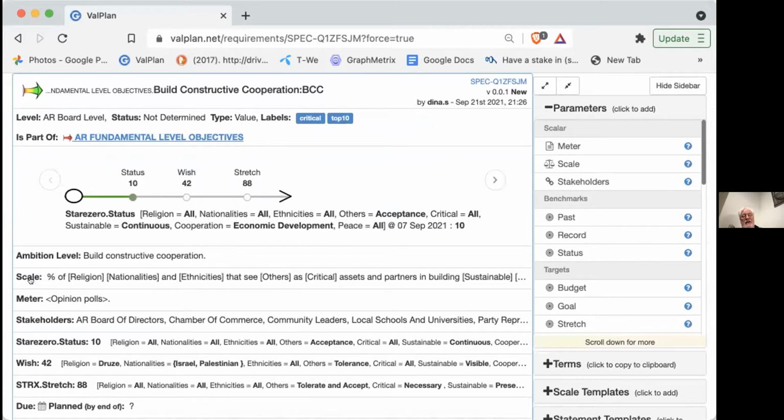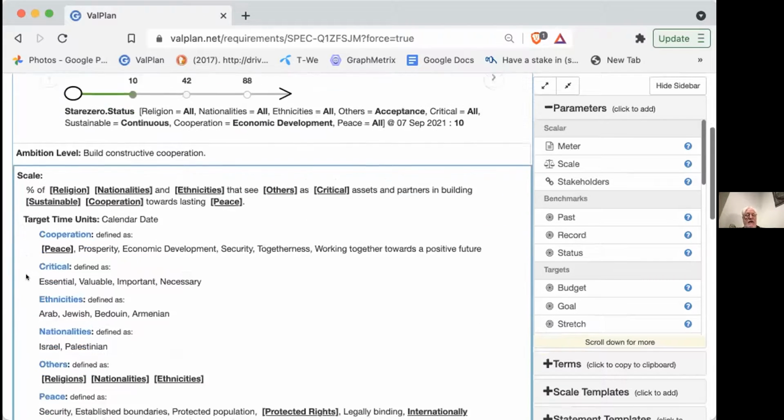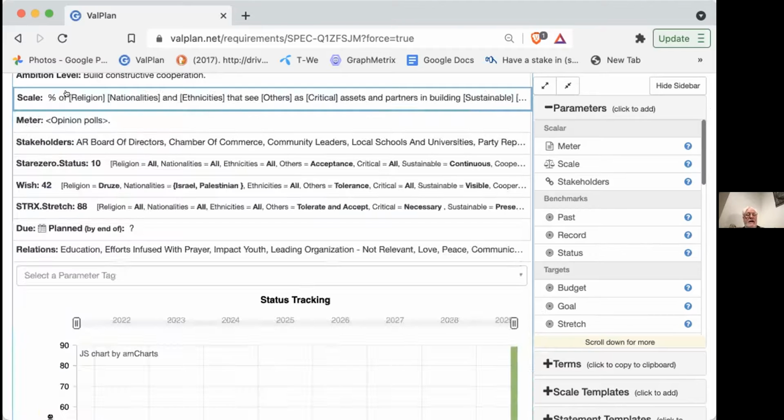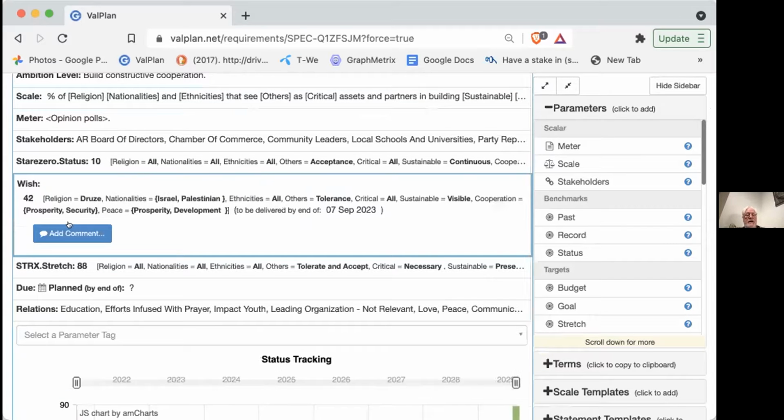So here's a scale of measure, percentage of religion, nationalities, and ethnicities, that's the others as critical assets, etc. And here is a breakdown of the scale and its definitions, which are now live links, it turns out, in glossaries, okay? And here is, for example, a wish level.